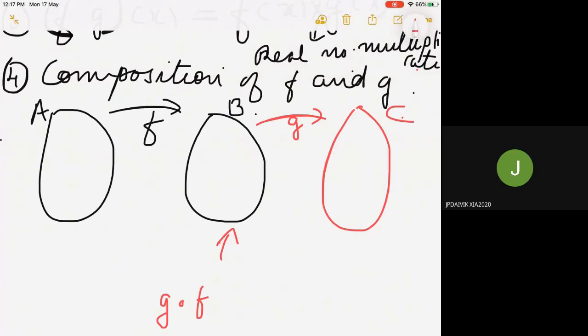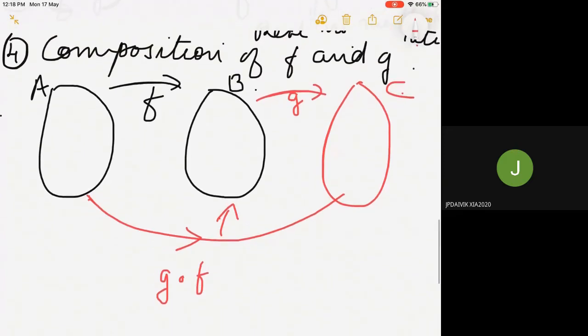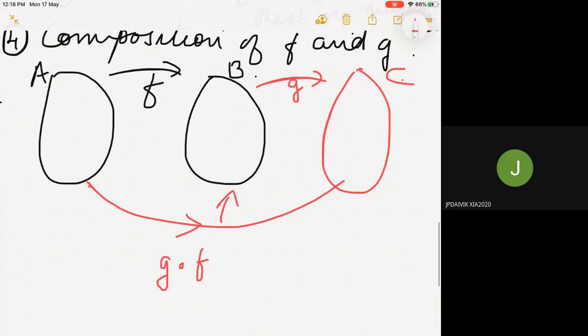It is defined from A to C. This is the first part: the composition g o f is defined from A to C.